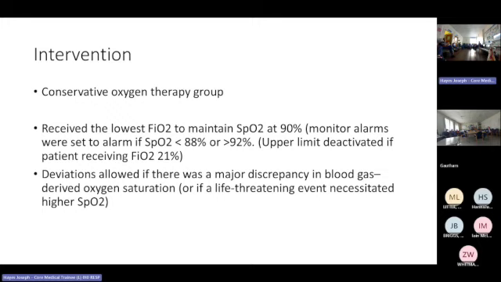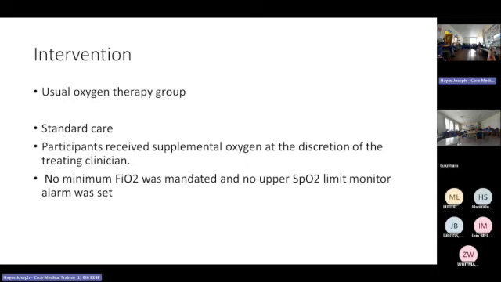Deviations were allowed if there was a major discrepancy in blood gas-derived oxygen saturation or if there was a life-threatening event necessitating higher SpO2. The usual oxygen therapy group just received standard care, and participants received supplemental oxygen at the discretion of the treating clinician. There's no minimum FiO2 mandated and no upper SAT limit monitor alarm set.